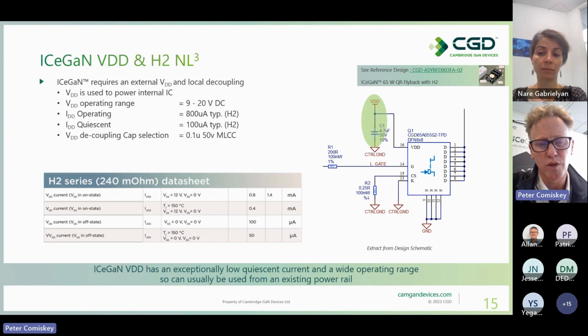And we certainly don't see impacts. We've tried ICeGaN in many applications now. We haven't seen any impact due to even remote increases in trace inductance on the gate side. It is very low current, but it's been designed to operate through the range which we've stipulated here.